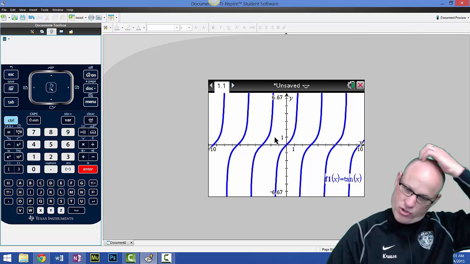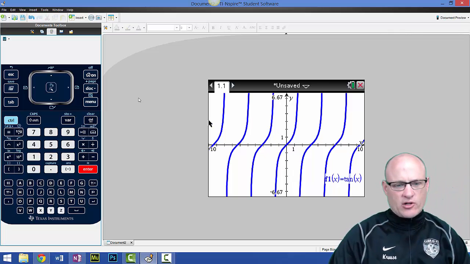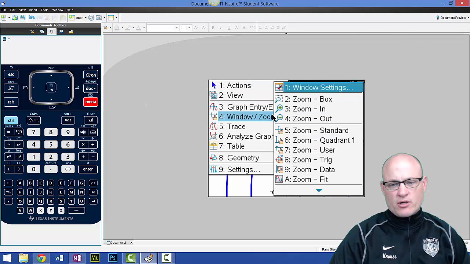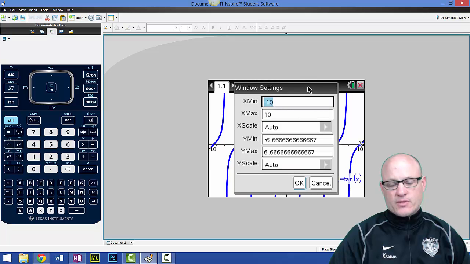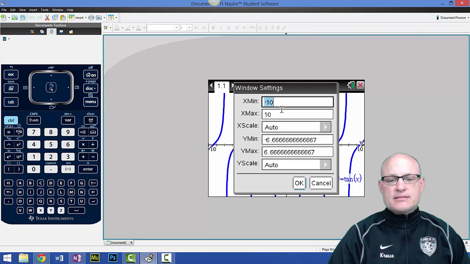So what I want to do is change the way this looks. We're going to go into menu, and into zoom, and into the Windows settings. And I want to change this so that the numbers actually make sense.